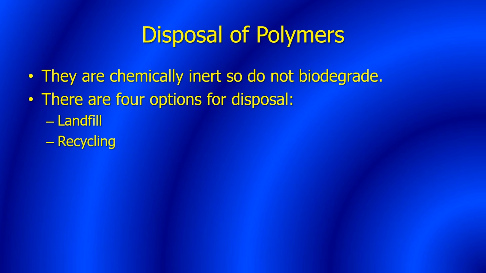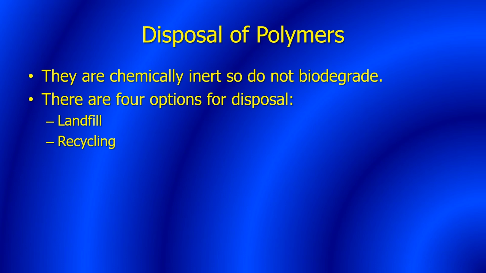We could recycle them, and that's a good way of disposing of plastic waste. The issue with recycling is that if you mix up your plastics, then when they get melted down and remolded, the new plastic becomes very brittle. So it is important that before the plastics get remolded, that the different types of plastic get separated.